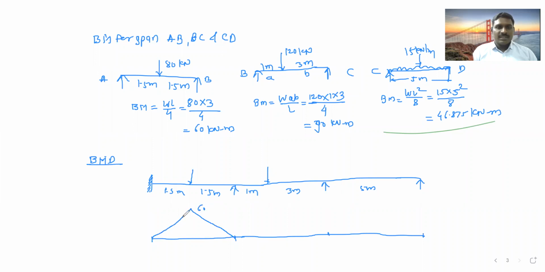Straight line, inclined straight line variation. So 60 kilonewton meter from A to B. At A and at B it is 0. Why? Simple supports are there.